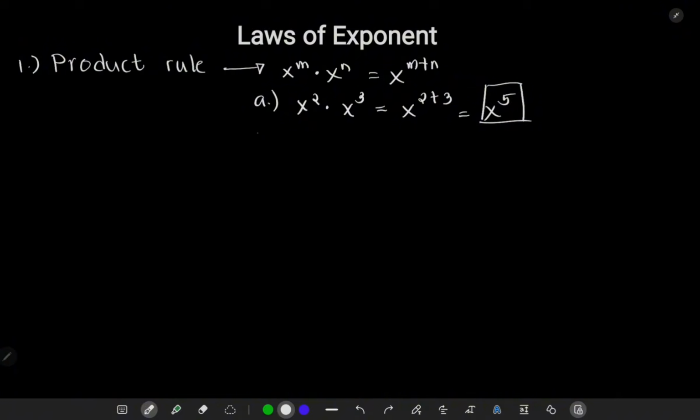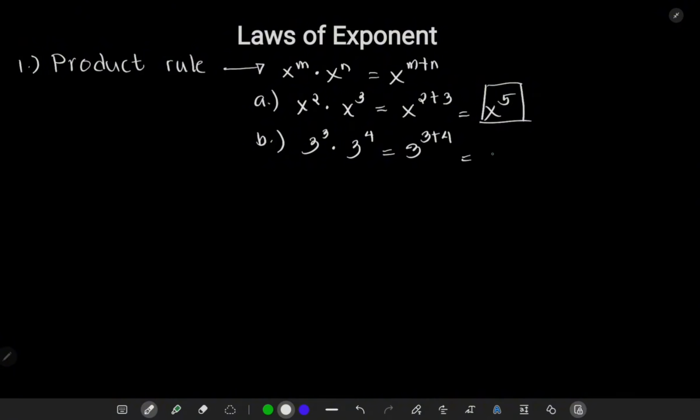Or also if we have, let's say, 3 cubed times 3 to the fourth power. So as you can see, we have a common base. So kopyahin natin si 3 and then add the exponent.